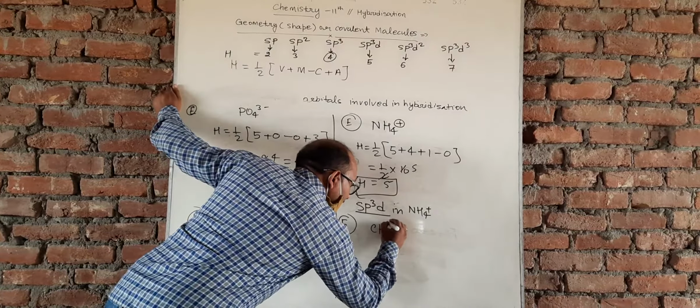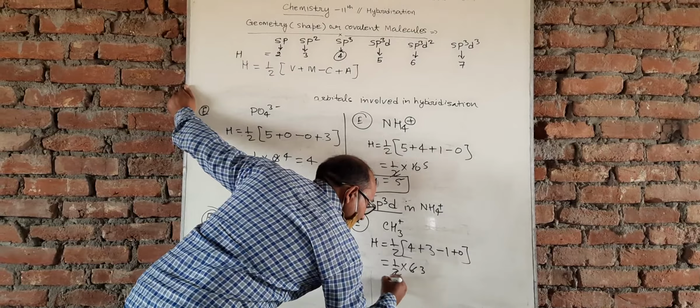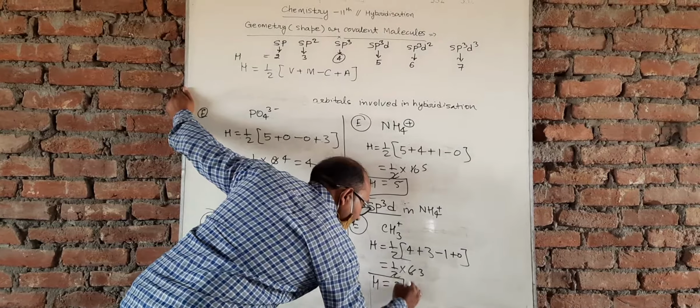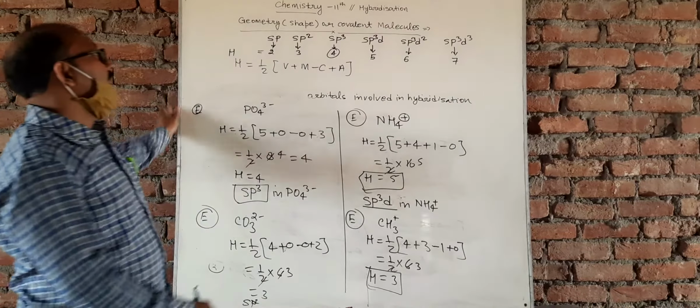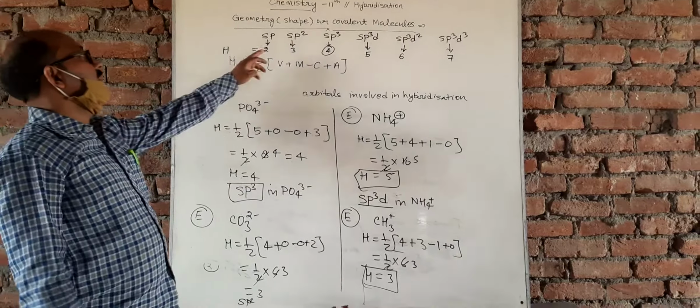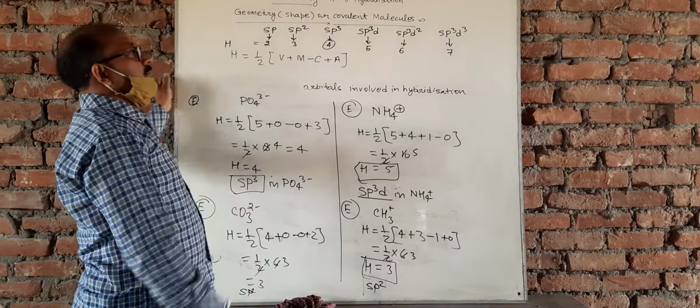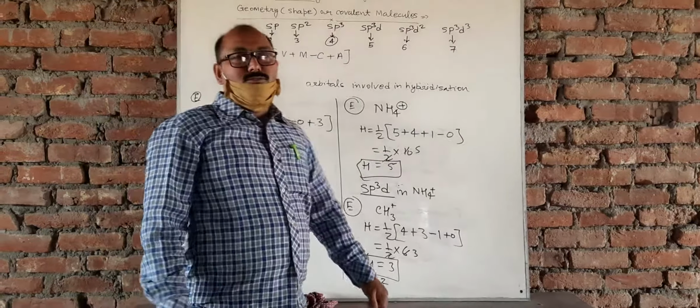So 1 by 2 into 7 minus 1 is 6, which gives 3. So when H equals 3, CH3 plus has sp2 hybridization.